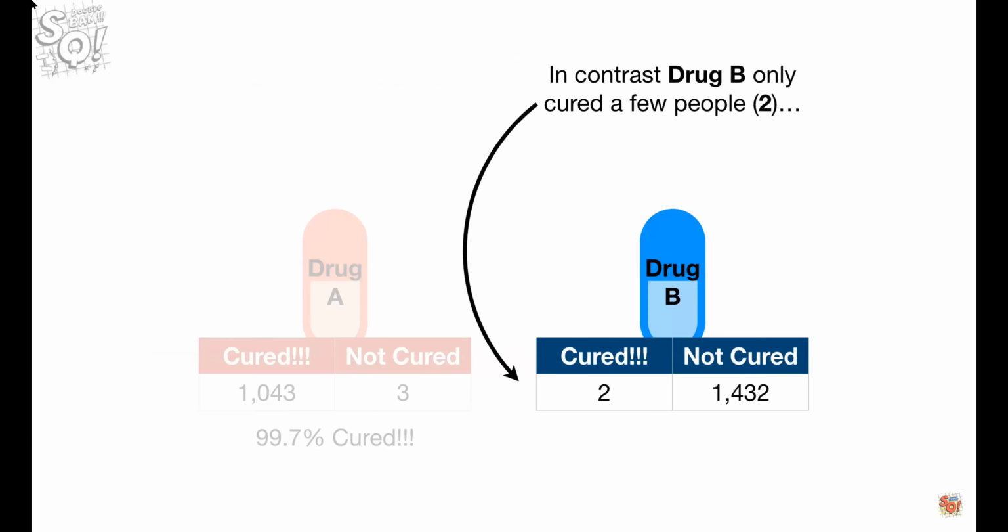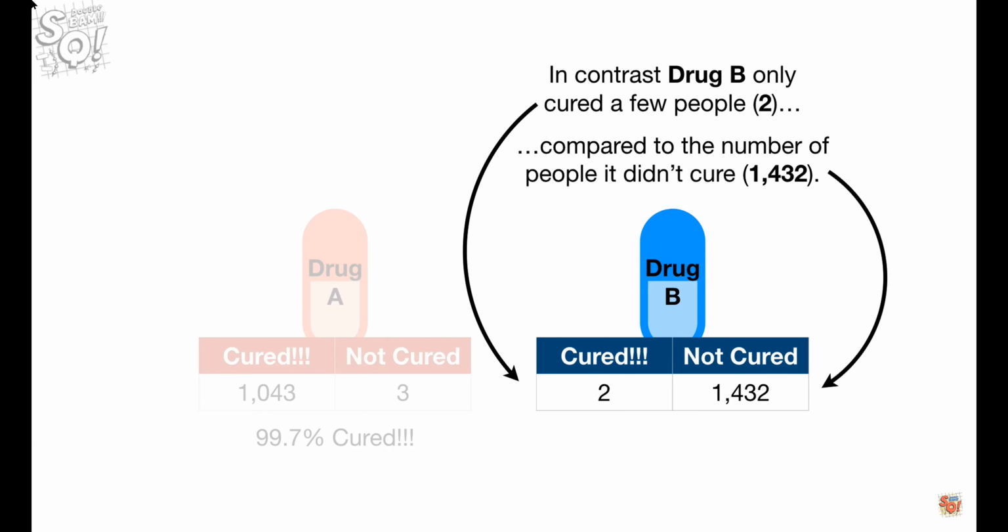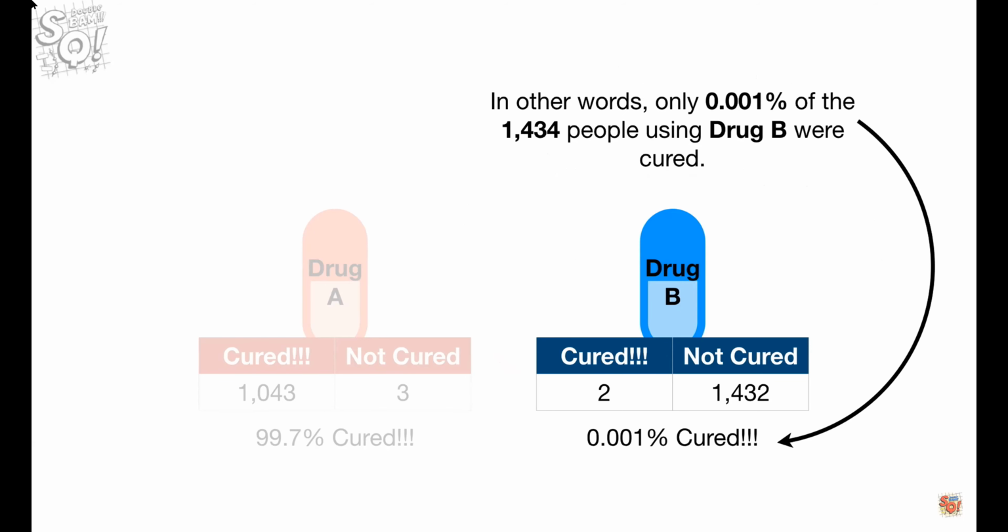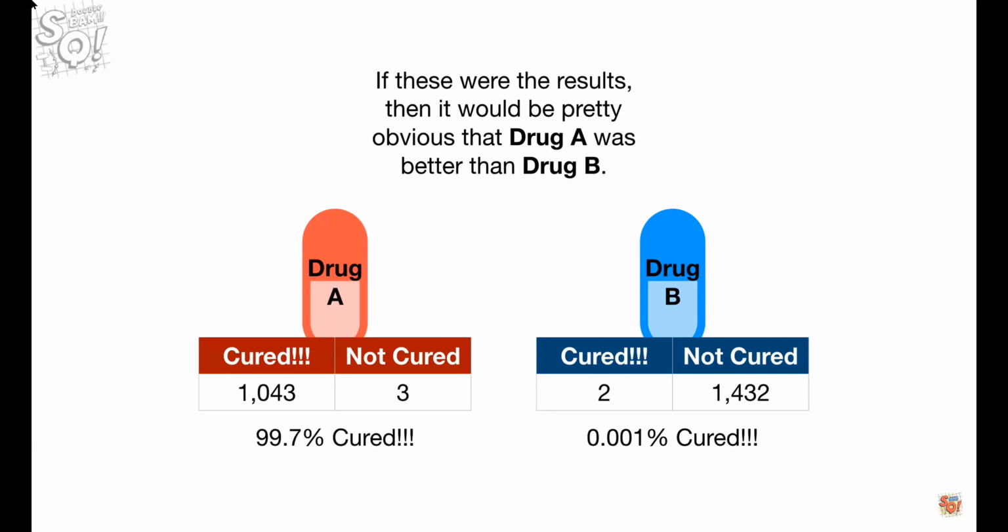In contrast, drug B only cured a few people, 2, compared to the number of people it didn't cure, 1,432. In other words, only 0.001% of the 1,434 people using drug B were cured. If these were the results, then it would be pretty obvious that drug A was better than drug B.